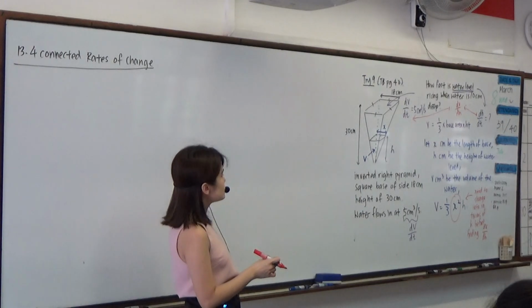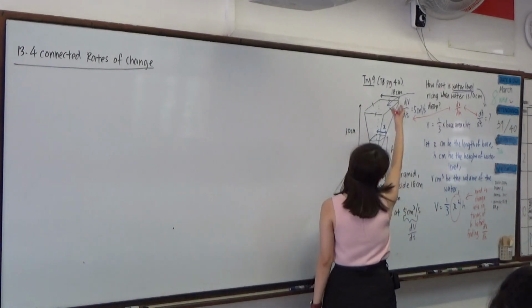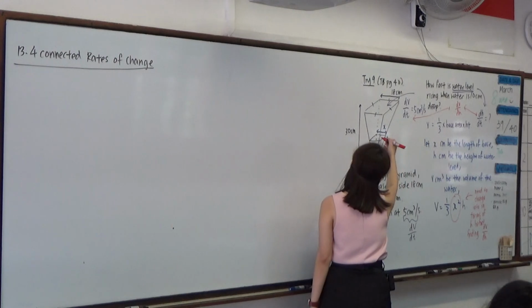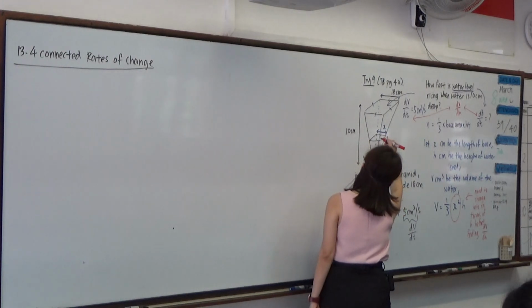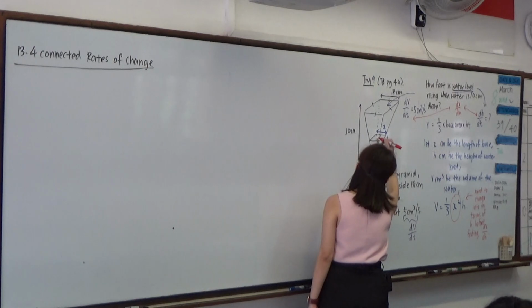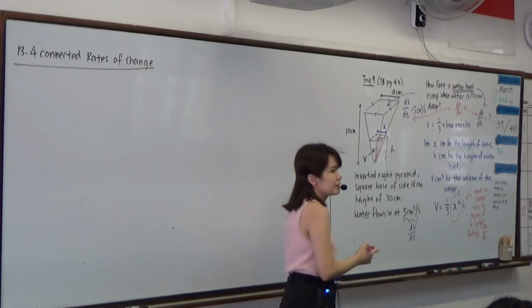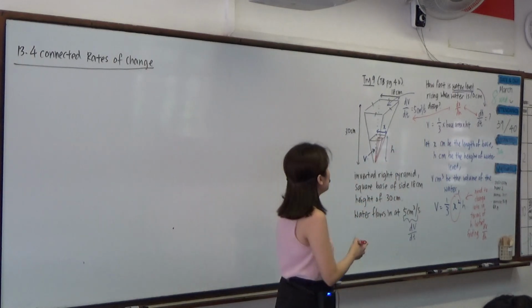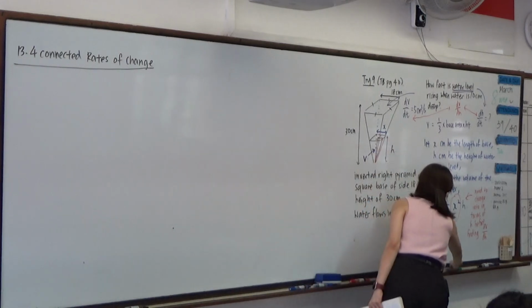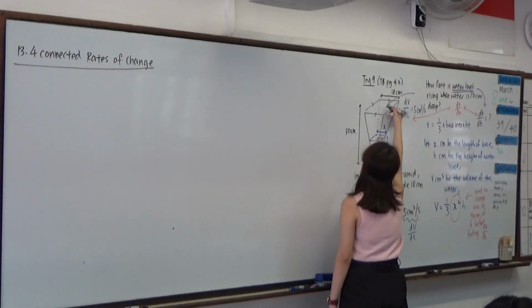I need us to be able to observe that in a pyramid itself, if I were to extract out a right angle triangle here, this small right angle triangle versus a big one.